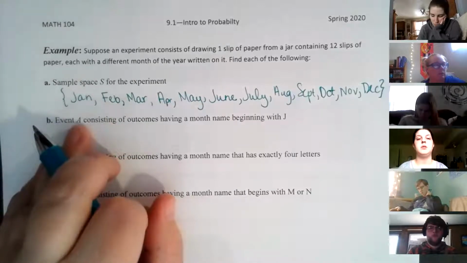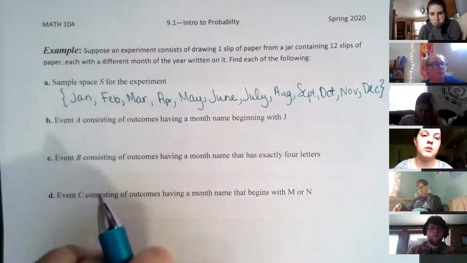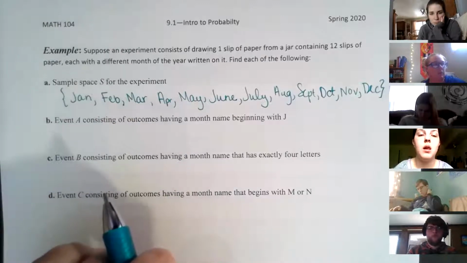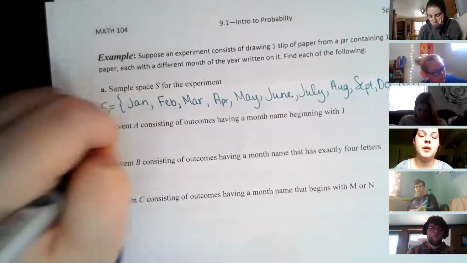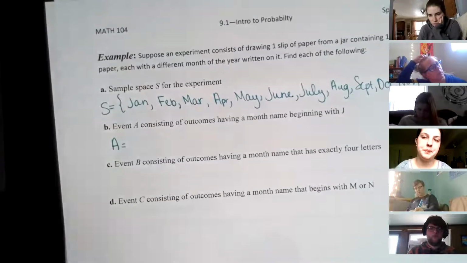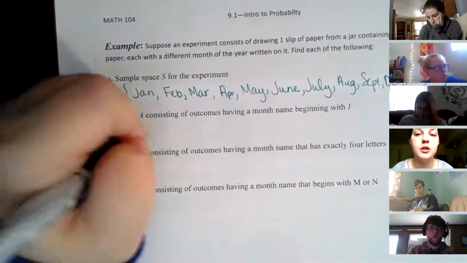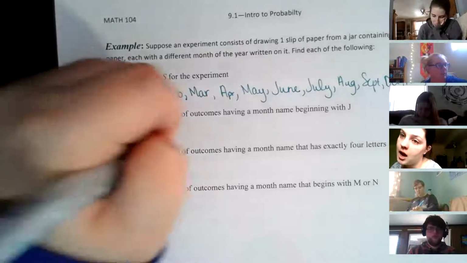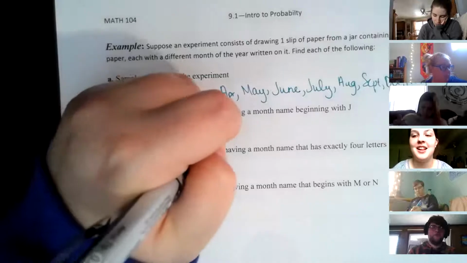Now it asks, find the event A consisting of the outcomes where the month begins with J. So there's my S, and I say A is the event where we only have months that begin with J. So who would be in there? January, June, July, and August. Nope. Just kidding.